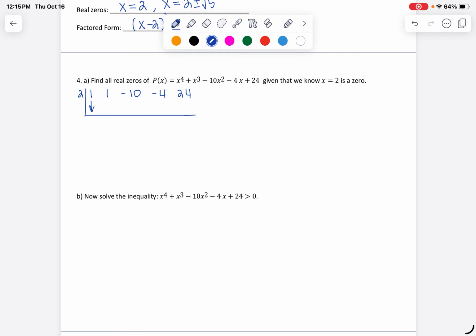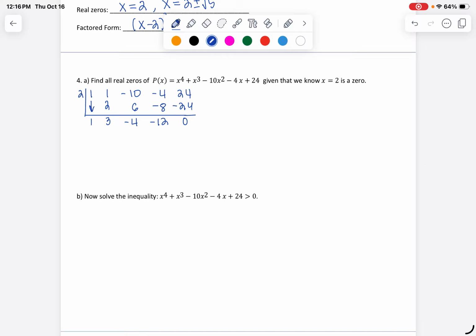All right, drop my 1, multiply that's 2, add that's 3, multiply that's 6, add that's negative 4, multiply that's negative 8, add that's negative 12, multiply that's negative 24, add that's 0. All right, fabulosity.